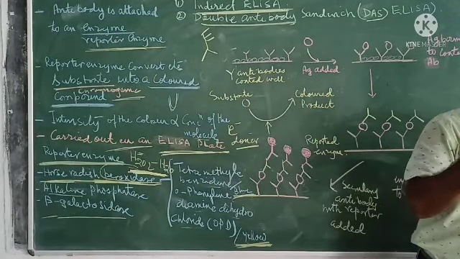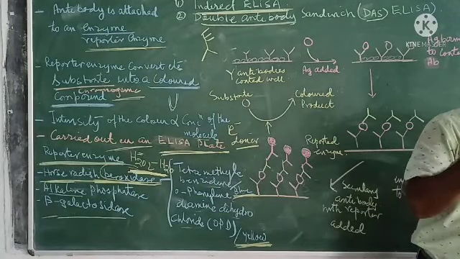So we can diagnose the presence of an antigen by detecting the presence of antibodies in the body formed in response to infection. Suppose this process is used to diagnose the infection of hepatitis B virus or AIDS, HIV virus.